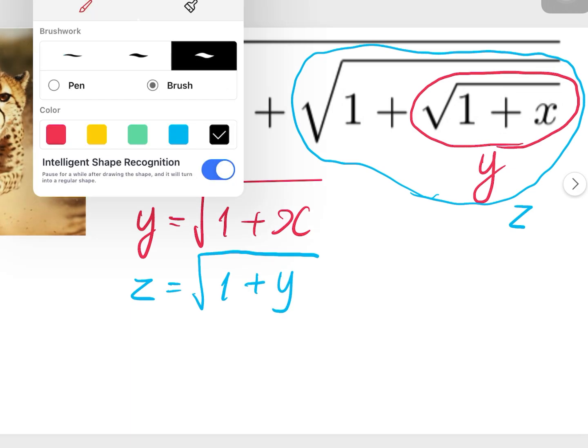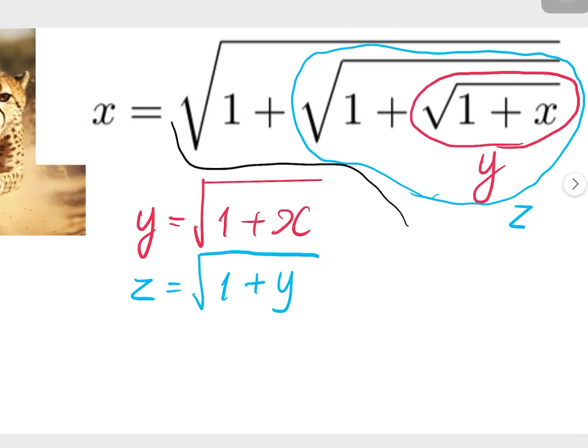Finally, I can take the largest block, which is x equals square root of 1 plus z. Because all those blocks are similar, I can suspect that all variables x, y, and z are equal.